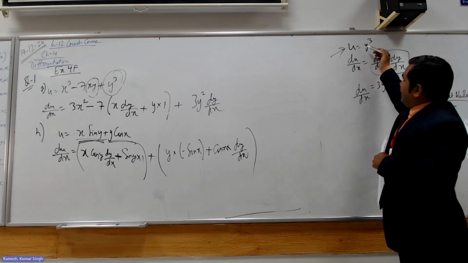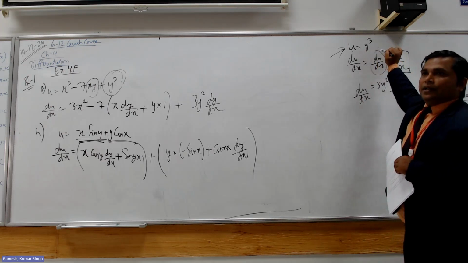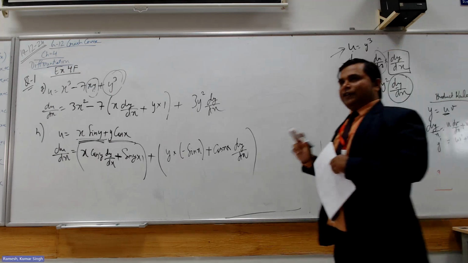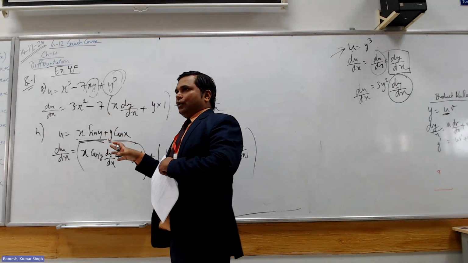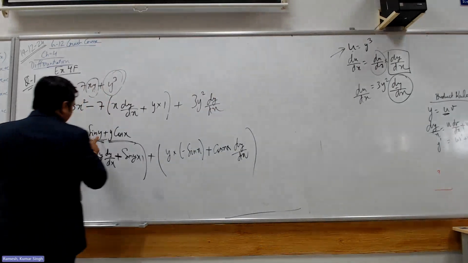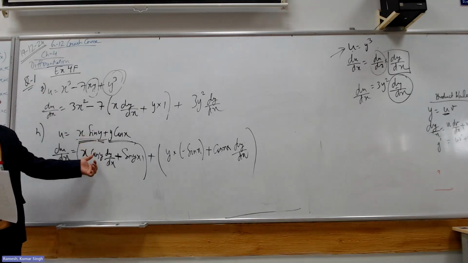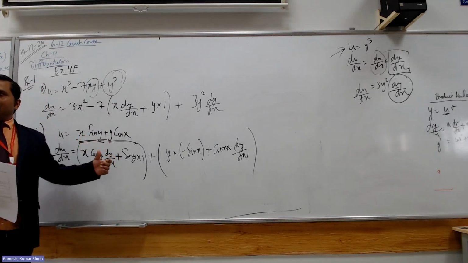Because we are differentiating in terms of x and u is a function of y, so extra dy over dx is coming. Similarly, when you are differentiating sine y, it's going to be cos y times dy over dx. Extra dy over dx will come, right?